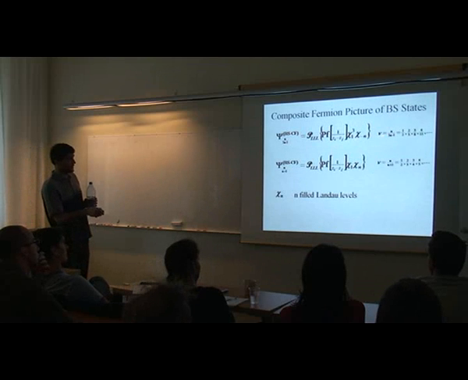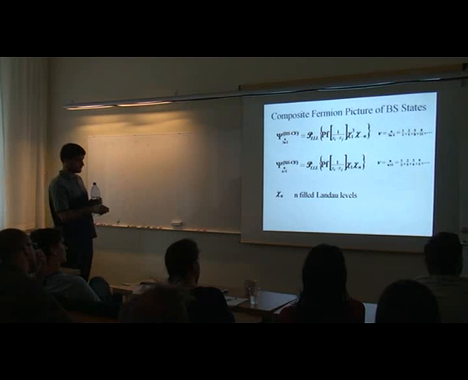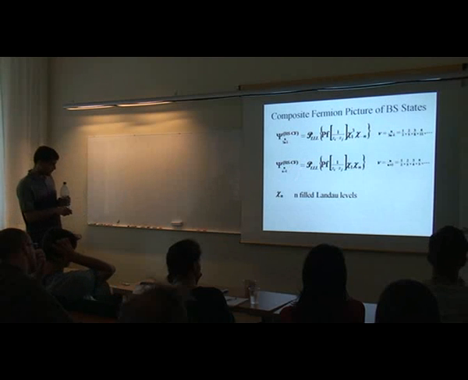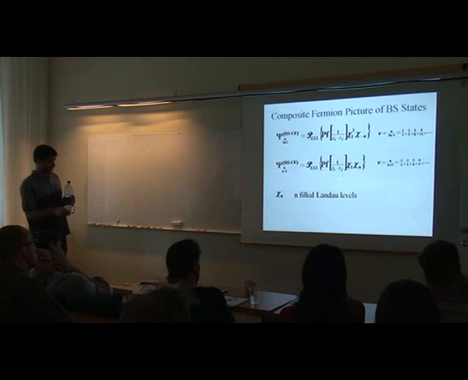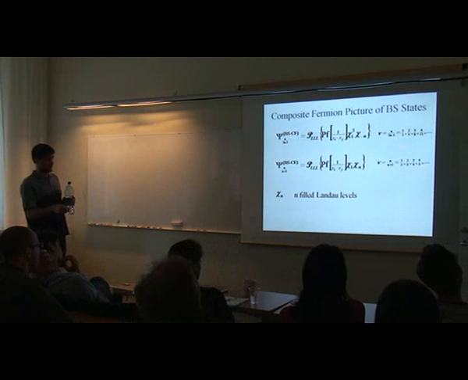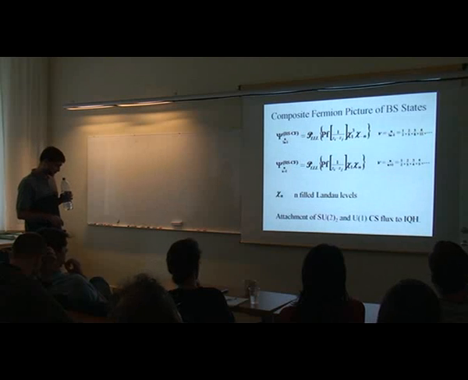And here you end up with filling fractions that are n/(3n-1), which is the 1/3, 2/5, 3/8, and so on sequence of states that you got in the hierarchy. And here you'll have an n/(n+1) sequence, which is the 1/2, 2/3, 3/4, 4/5 sequence.